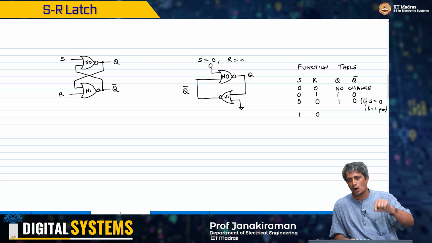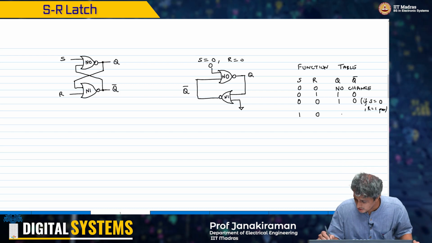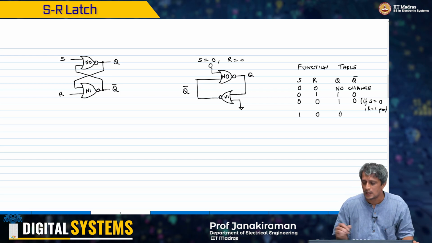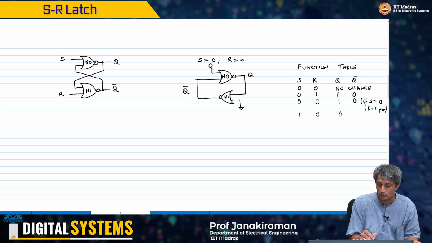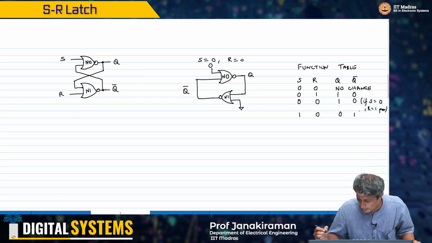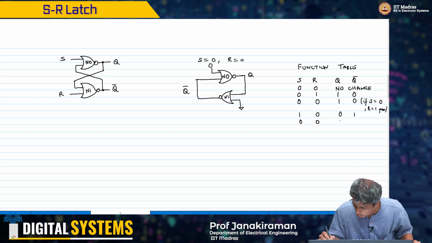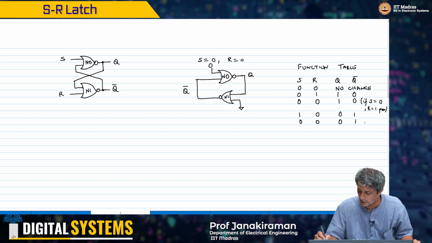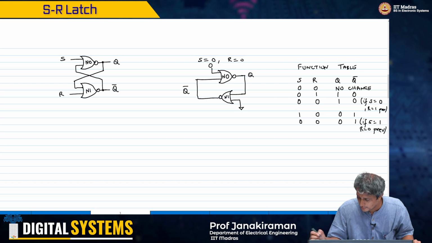N0 is the NOR gate whose one input is 1 and therefore the output has to be 0. Q will go to 0 and then if Q is 0, N1's input being 0, the output has to go to a 1. And now from here if I switch to 0, 0 state again, it will just hold this state for me. If S equal to 1, R equal to 0 previously.